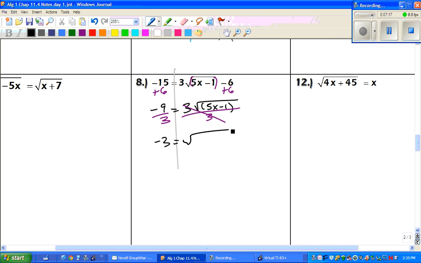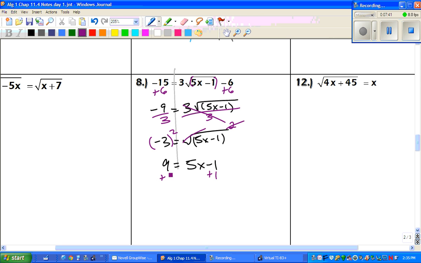And we get negative 3 equals the square root of 5x minus 1. Okay, to cancel the square root, we have to square both sides. Remember, that's inside the parentheses, and negative 3 times negative 3 is 9. And then we're left with 5x minus 1.